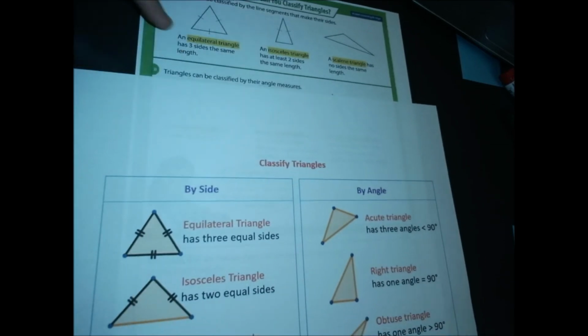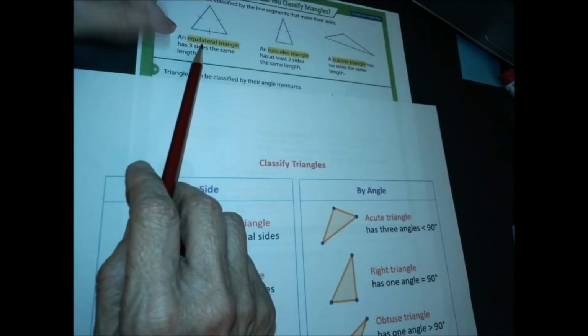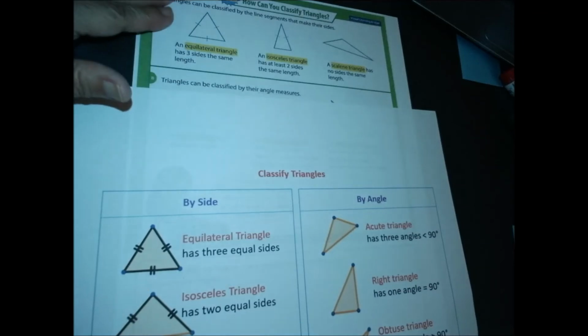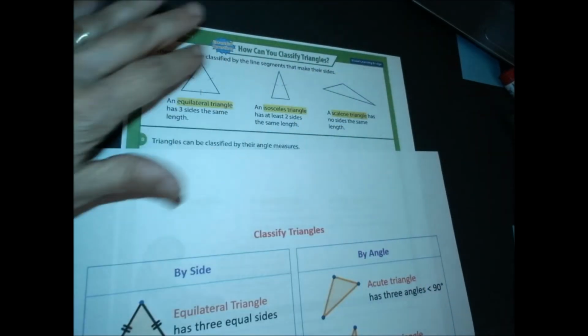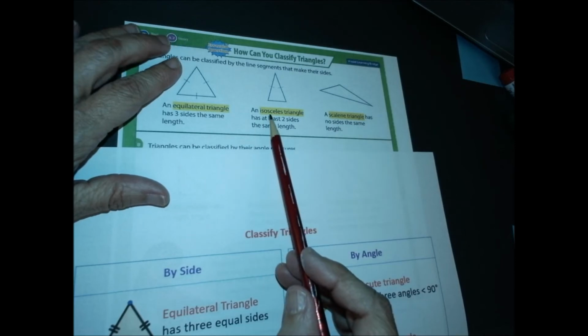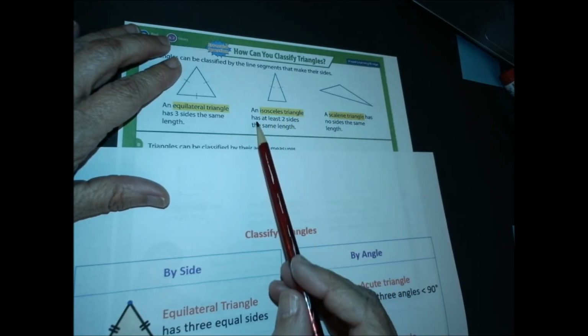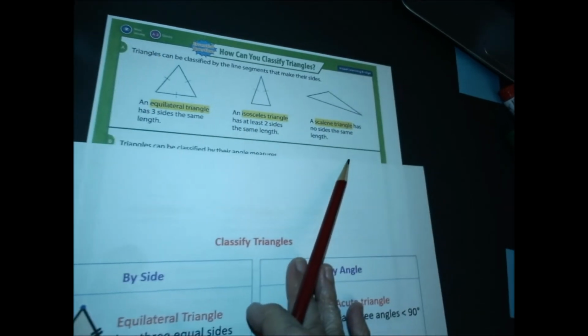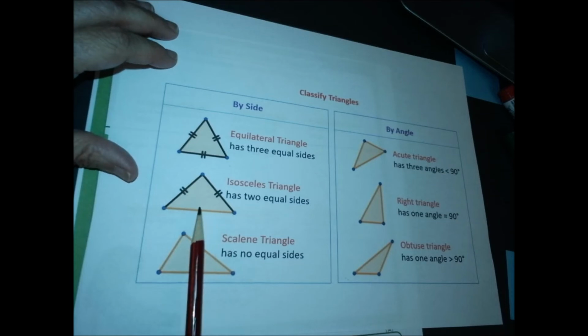So when we look here on that extra sheet that you're offered, these are great notes. Here they show the equilateral. Then they show you another triangle that we haven't learned yet, called the isosceles triangle. Now the isosceles triangle has at least two sides the same length. So here I'm going to show you the isosceles.